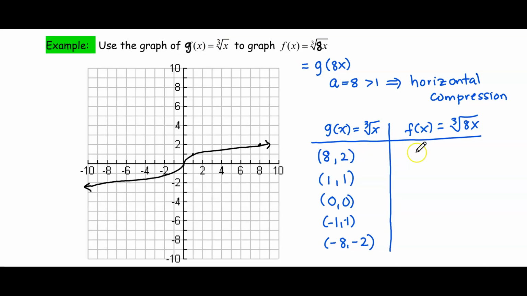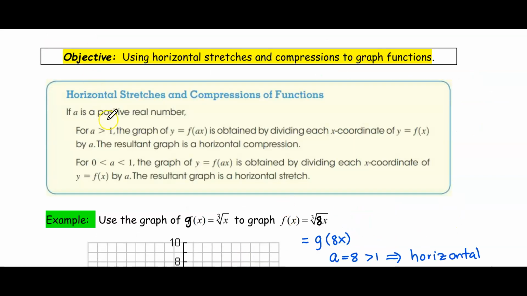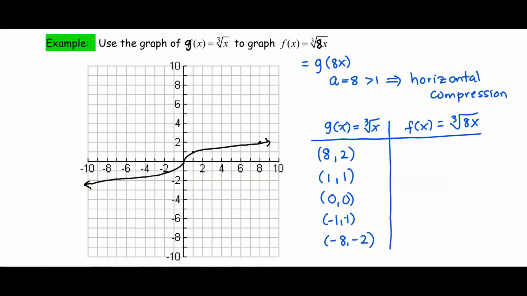Now, to see the compression, we will fix the y values. Because if you recall, for a greater than 1, the graph of f of ax is obtained by dividing each x coordinate of the base function by a. So we will apply that here.